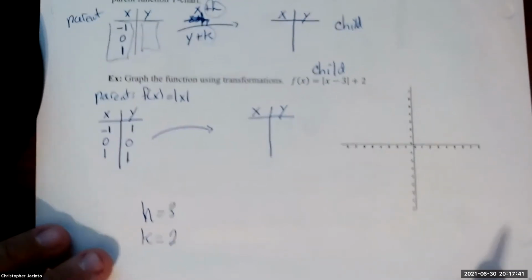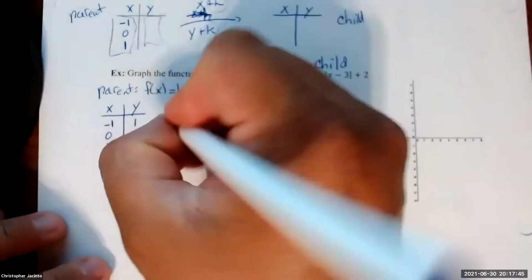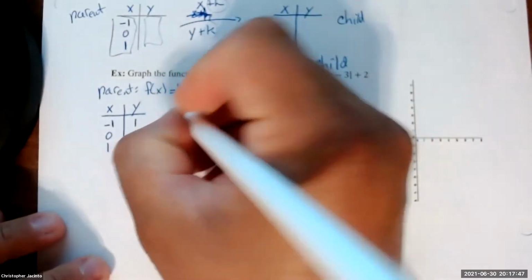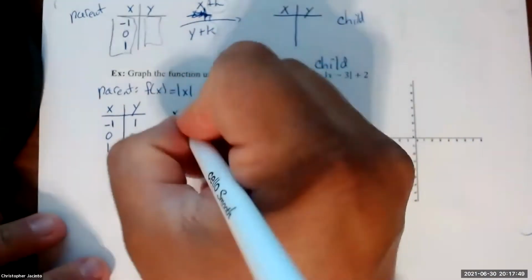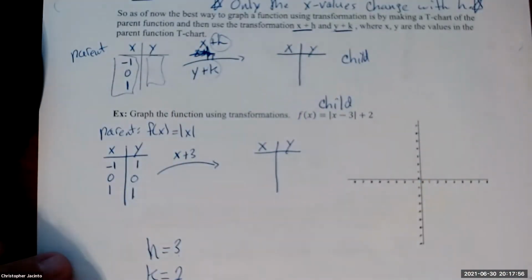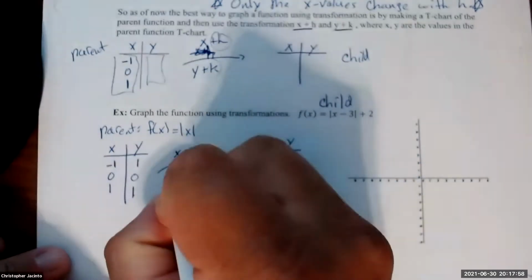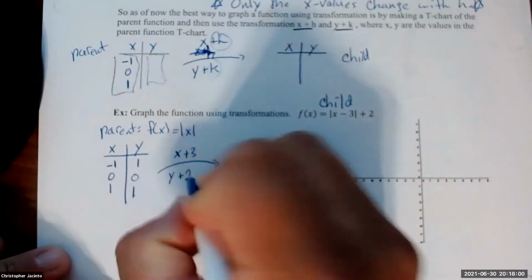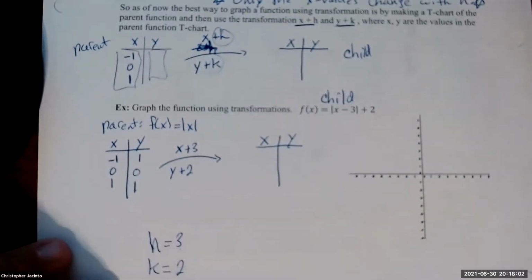Okay. So now, how we're going to do this quick little transformation is for every x value we have, we're going to be adding 3 to it, according to our rule, right? It's the h plus the x. And for every y value, we're going to be adding 2 to it, because that is our k value.